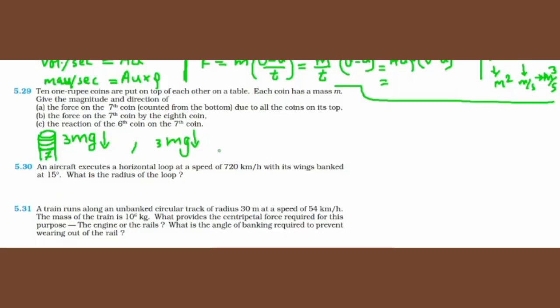Now next, the reaction of 6th coin on the 7th coin. Above 6th coin, 4 more coins are there. So these 4 coins will act a force 4 mg downward on 6th coin. So 6th coin will give a reaction 4 mg upwards. Therefore, the third answer will be 4 mg, as it is a reaction acting upwards.